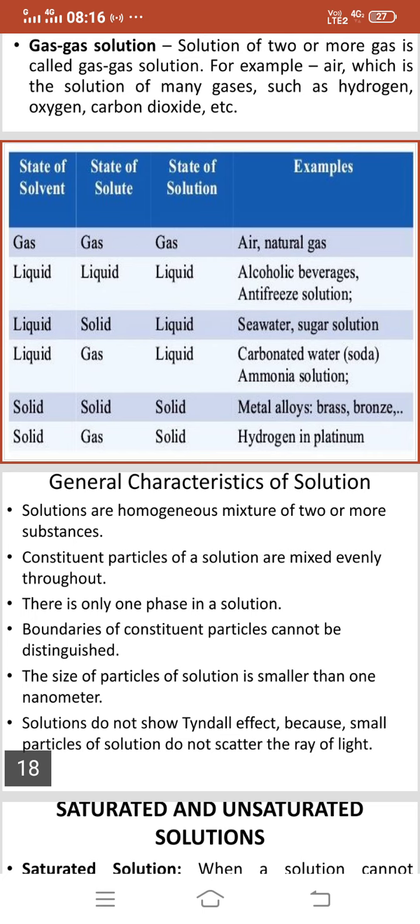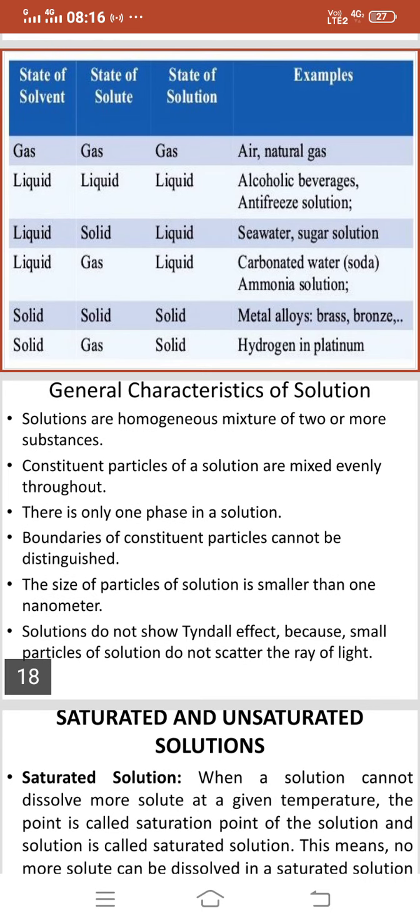Now the general characteristics of solution. Solutions are homogeneous mixture of two or more substances. Constituent particles of a solution are mixed evenly throughout. There is only one phase in a solution.